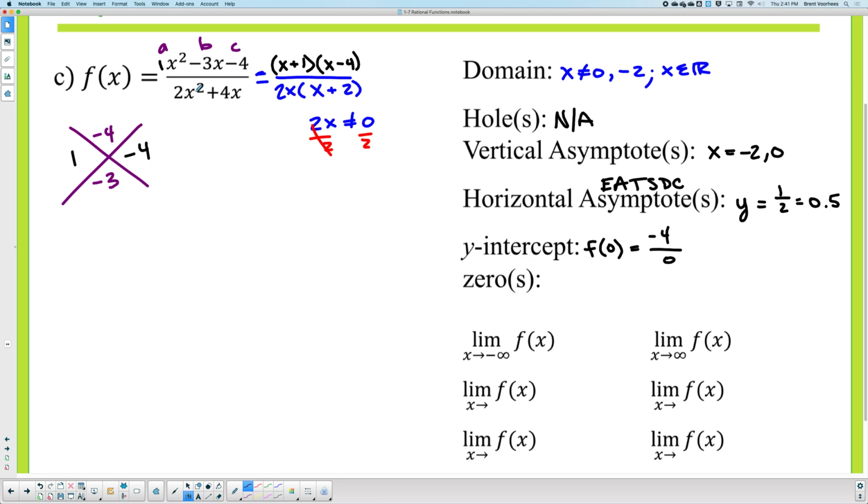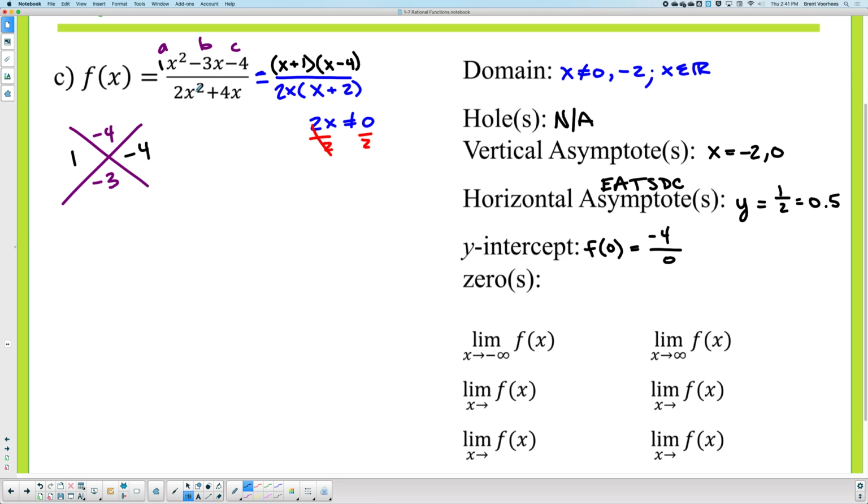So our equation was x squared minus 3x, not plus 4, it was a minus 4, wasn't it? Is that it? x squared minus 3x minus 4? Yes. Okay, and the denominator? 2x squared plus 4x.